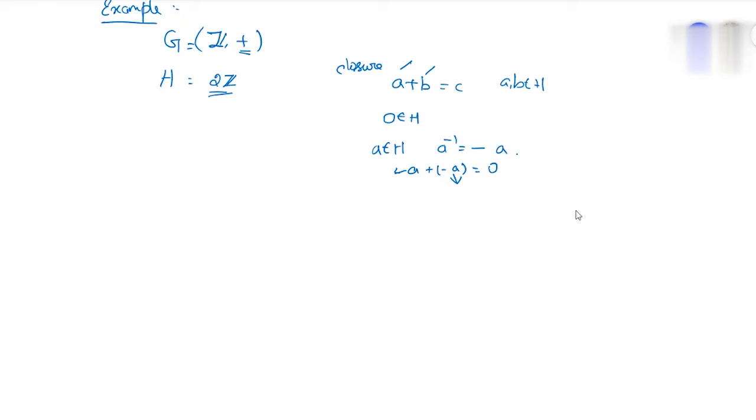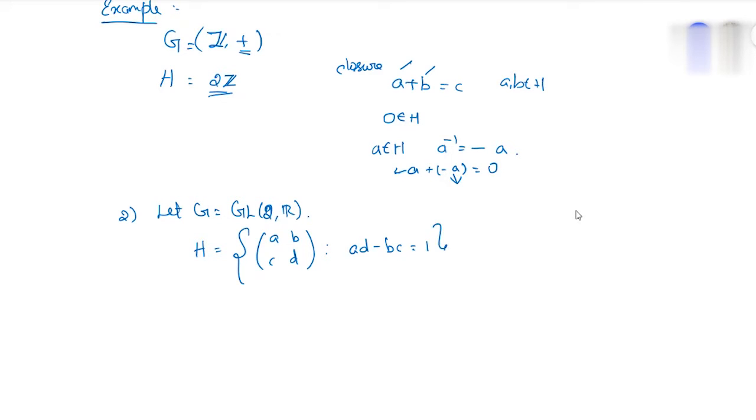Second example: let G equal GL2(R). This is a group G, and I'm defining H to be the set of all 2 by 2 matrices [A, B; C, D] such that AD minus BC is equal to 1.